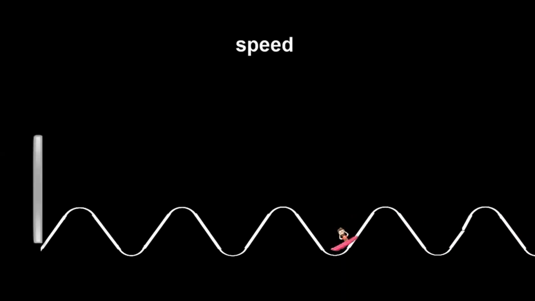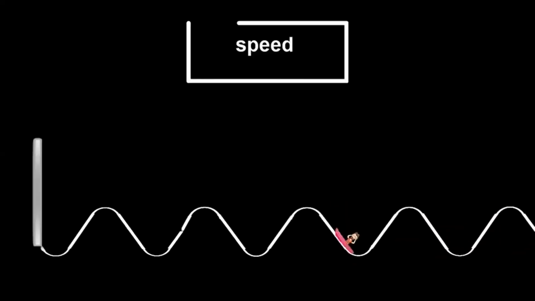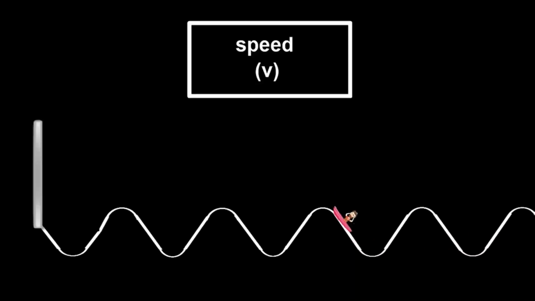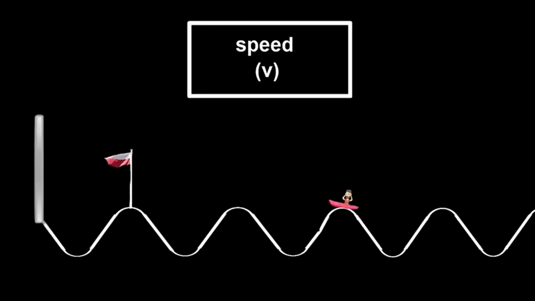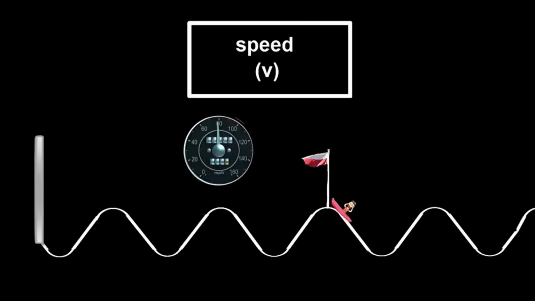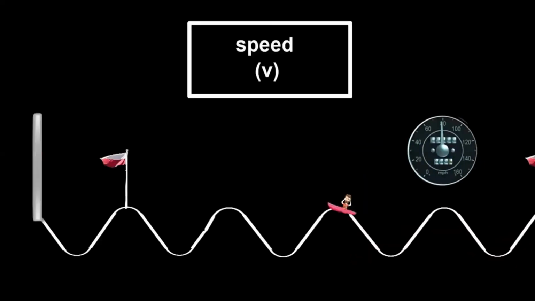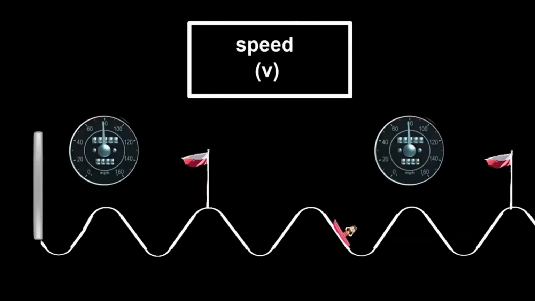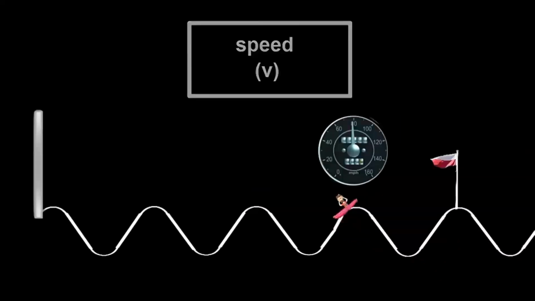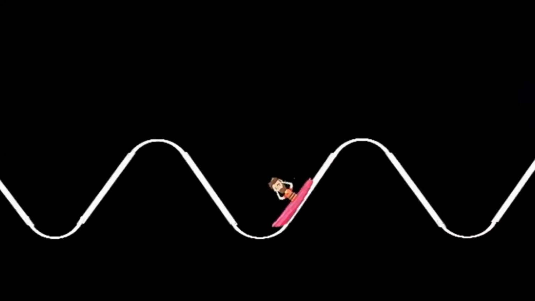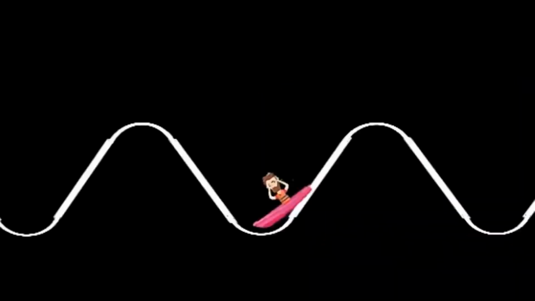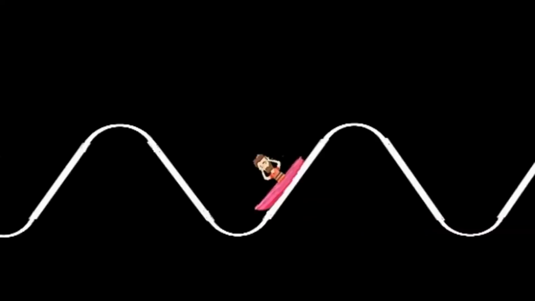The speed of a wave is how fast it's travelling from left to right here, and is usually given the symbol V, which stands for velocity. Velocity is another word for speed. Notice how the speed of the wave is constant, and each crest moves at the same speed as the others. But the boat's up and down speed changes, and you can see that it's moving fastest in the middle of its cycle.